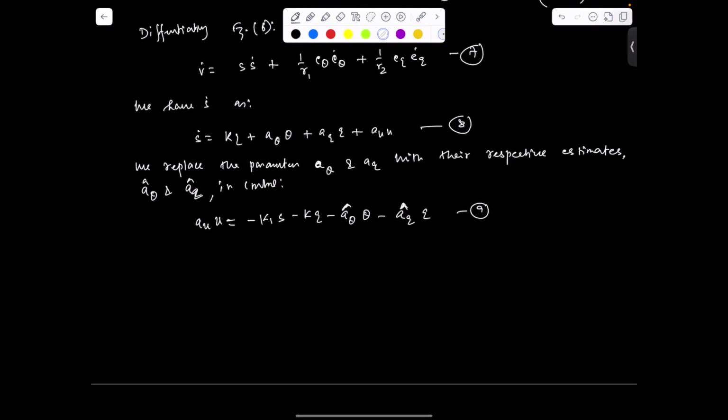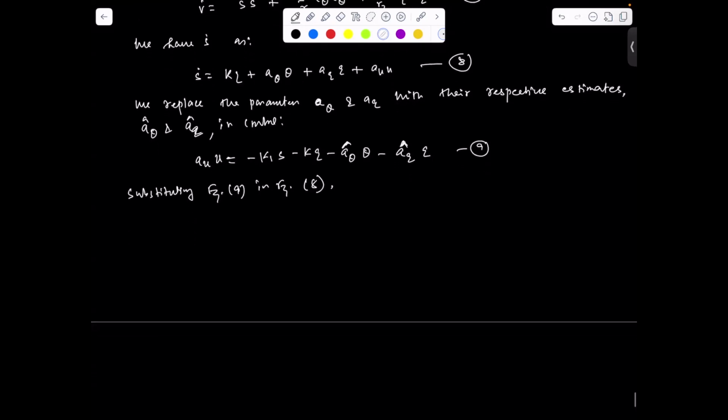Now substituting equation 9 in equation 8, we have S dot equal to kq plus A theta theta plus AQ q minus k1 s minus kq minus A theta cap theta minus AQ cap q.